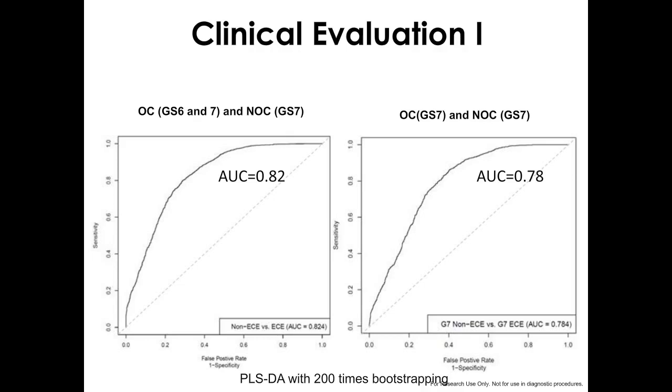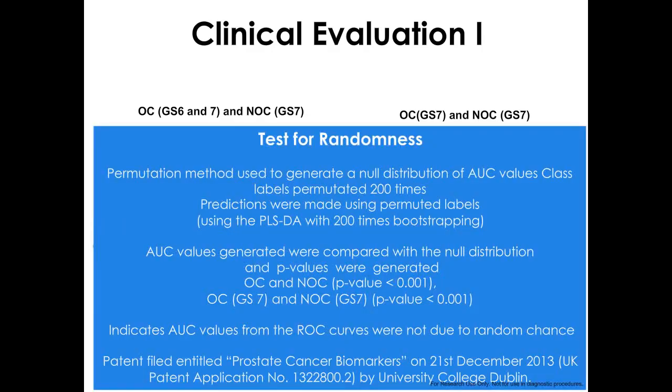The clinicians informed us that was a very valuable AUC, and it was certainly worth continuing. Our statisticians tested this for randomness and were able to show that those AUC values generated could not have been arrived at by random chance alone.